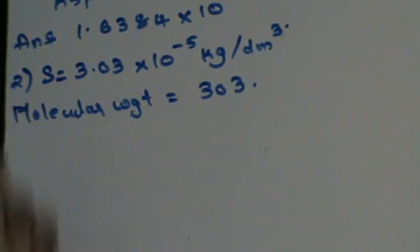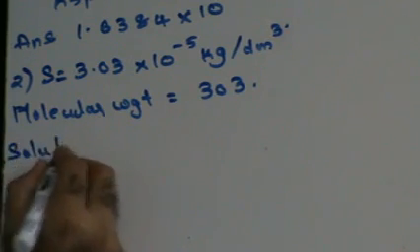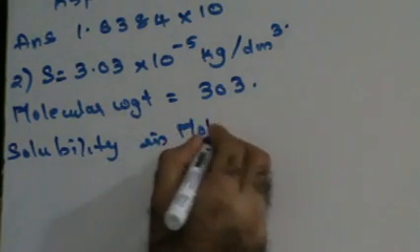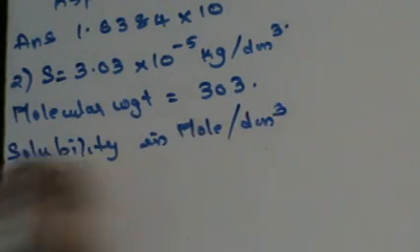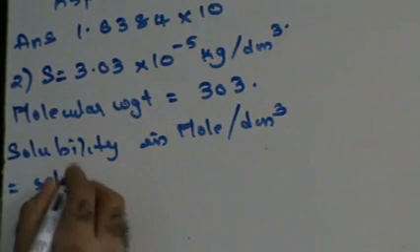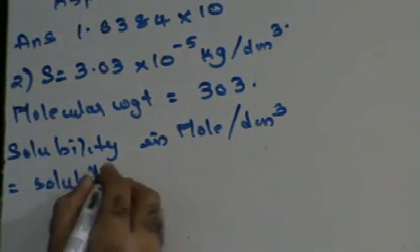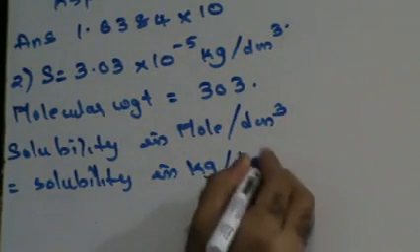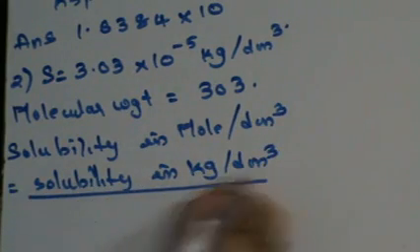Now here the problem is, guys, they've given you solubility in terms of kgs per decimeter cube. You have to first convert it into moles per decimeter cube. How do I convert this? I can say that solubility in moles per decimeter cube is nothing but solubility in kgs per decimeter cube divided by molecular weight.